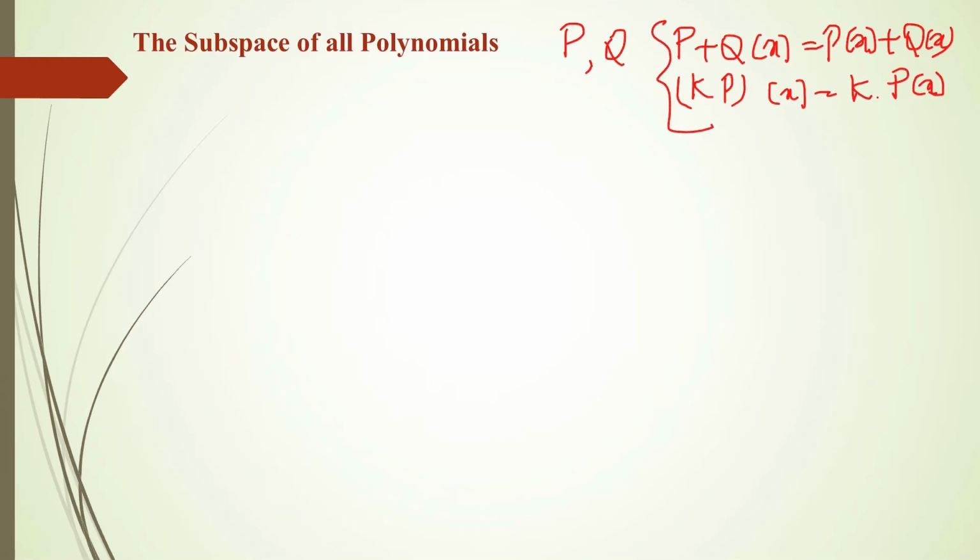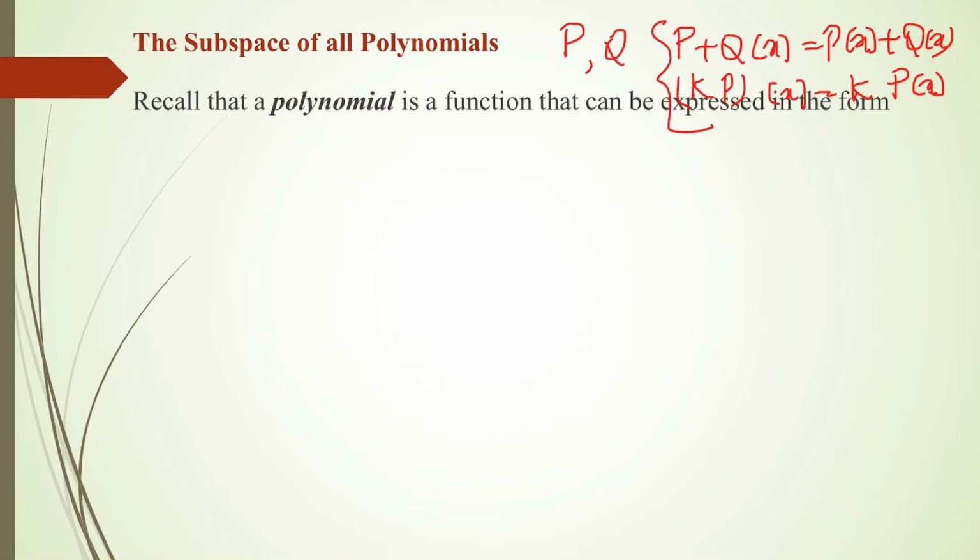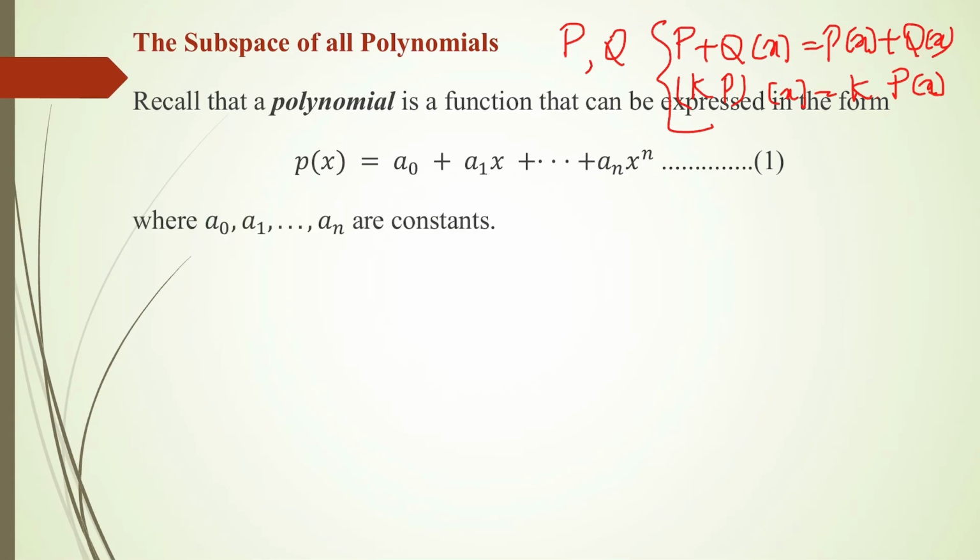With respect to these two operations, the space of all polynomials forms a vector space over the set of all real numbers. A polynomial is a function that can be expressed in the form P(x) = a0 + a1x + ... + an x^n. If an is non-zero, then we say that this polynomial has degree n. Here the coefficients are all constants.